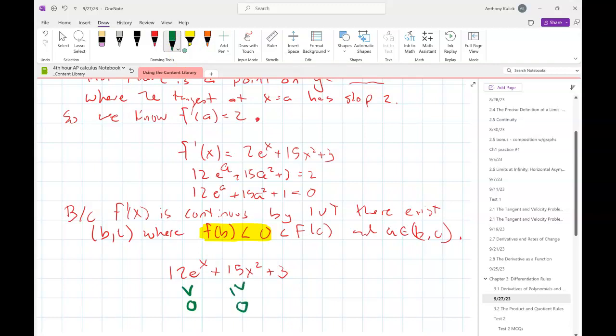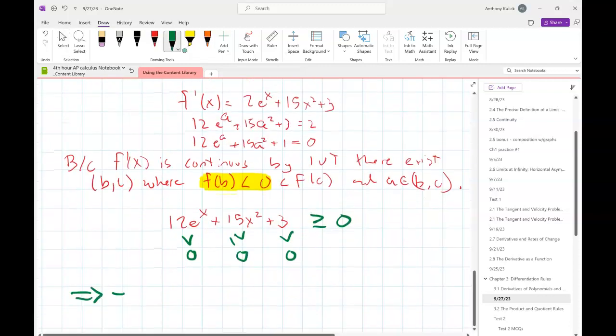A quadratic, always greater than or equal to 0. 3, always greater than 0. If I add up 3 things that are all greater than or equal to 0, that must be greater than or equal to 0. That's my contradiction.